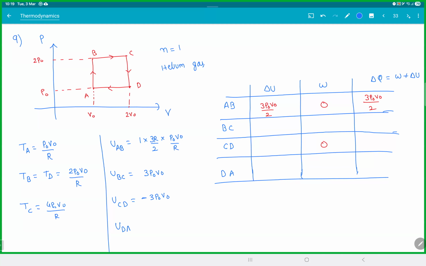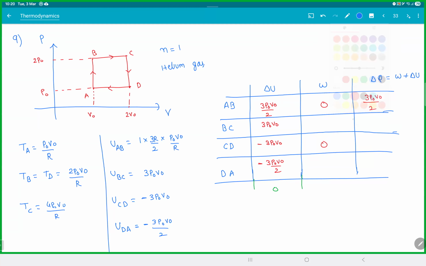And then you go from D to A, it's minus 3P naught V naught by 2. You're done. So this guy would be 3P naught V naught, minus 3P naught V naught, minus 3P naught V naught by 2. And always be careful. If I add all this, the sum should be 0 because delta U in a cyclic process is 0.